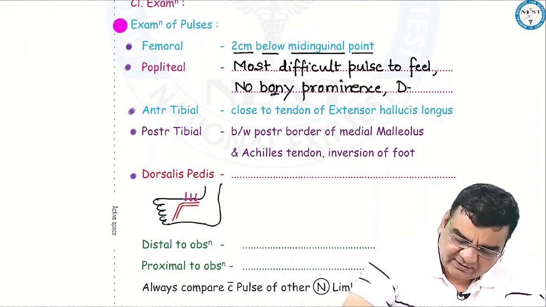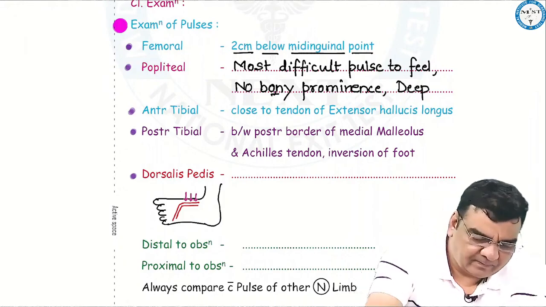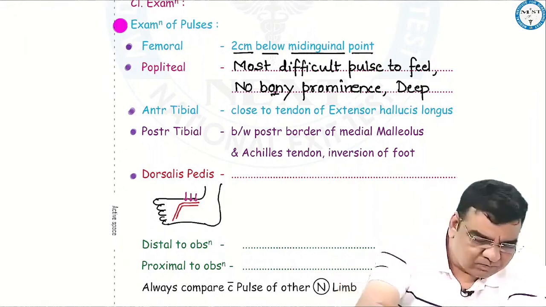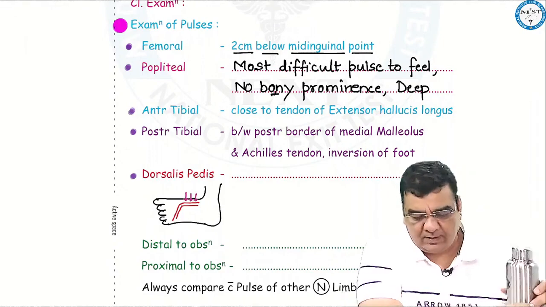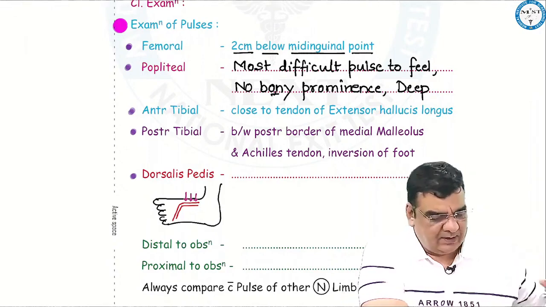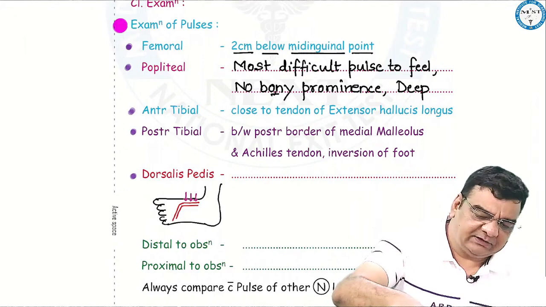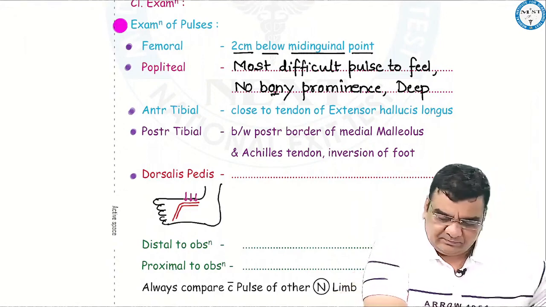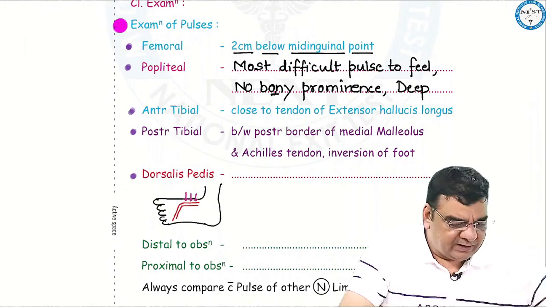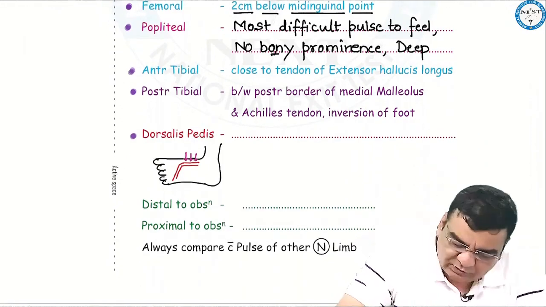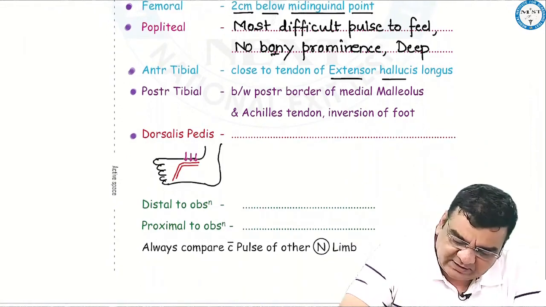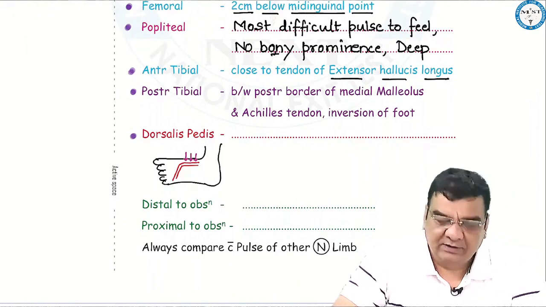And second, it is deep. Anterior tibial pulse. Anterior tibial pulse is palpated close to the tendon of extensor hallucis longus.